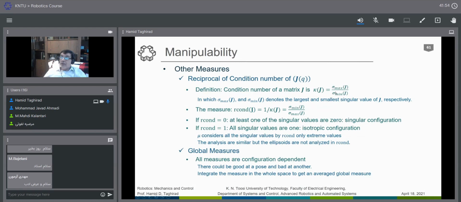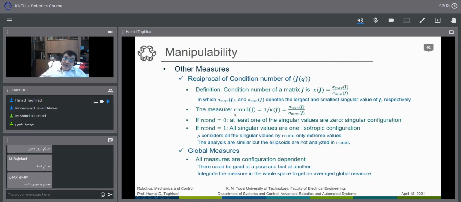So it could be a large number, and if sigma min tends to 0, we have some singular cases, this becomes very, very large. So this is a measure between 1 to infinity.